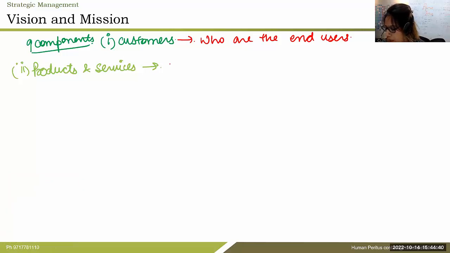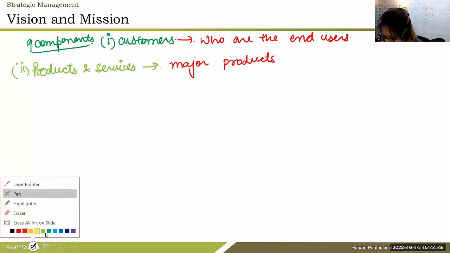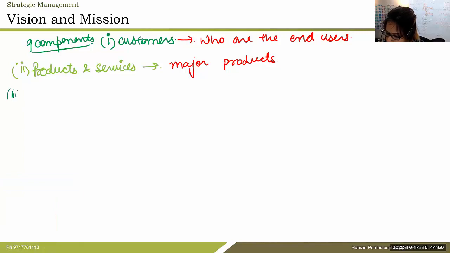As in, what are our major products? The third one is market. Market means the geographical area that we are going to look for.